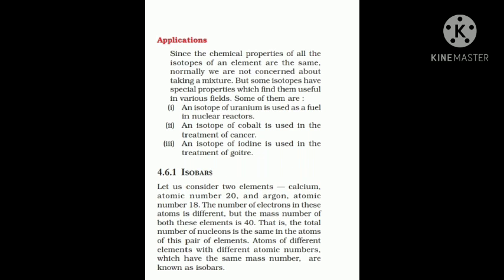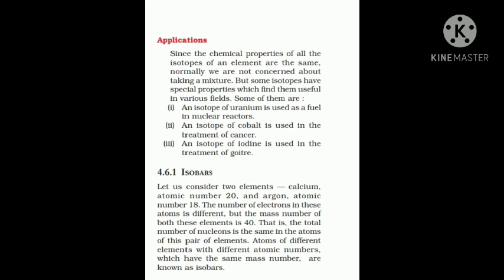But some isotopes have special properties which make them useful in various fields. For example, an isotope of uranium is used as a fuel in nuclear reactors. An isotope of cobalt is used in the treatment of cancer. An isotope of iodine is used in the treatment of goiter.